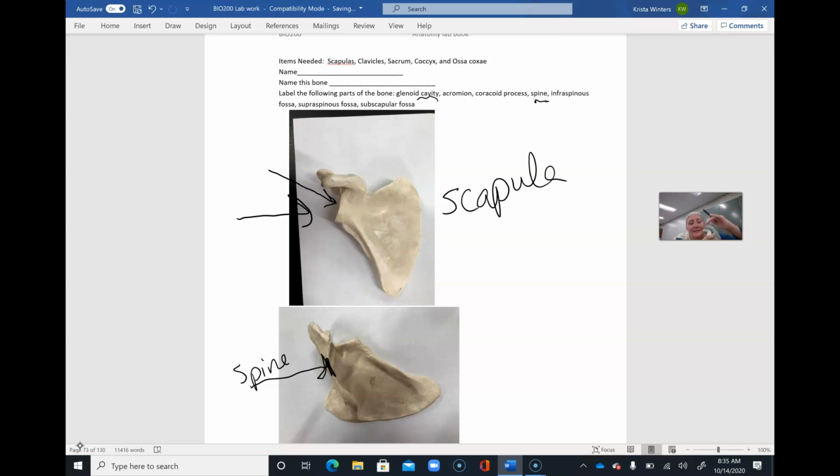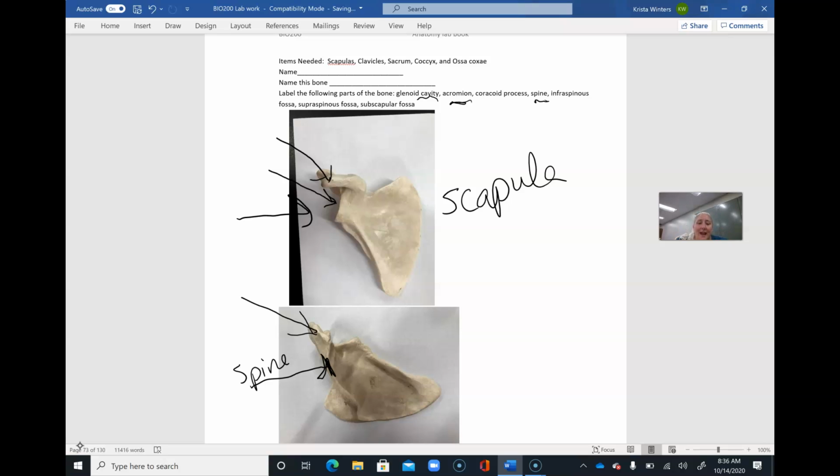The spine ends in a process, so right here, that process is known as the acromion, and you can see that name right there. So the acromion process is on the end of the spine. So we have the spine and then the acromion. On this other side, right here, we have the coracoid process. So that sits right here.